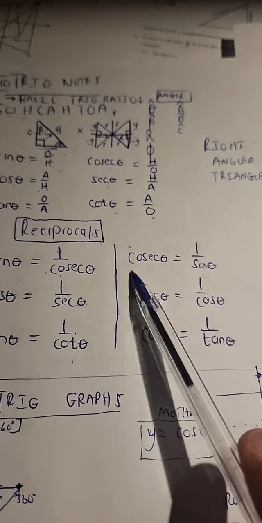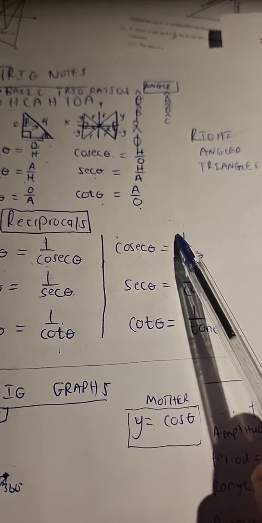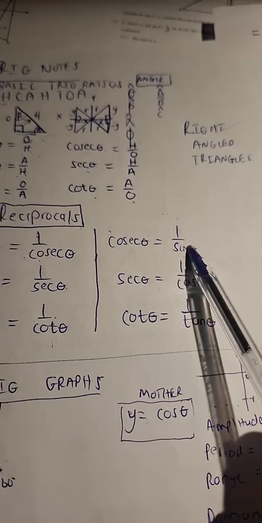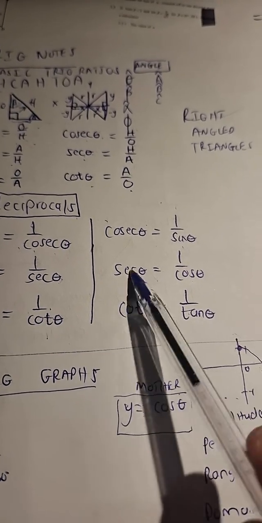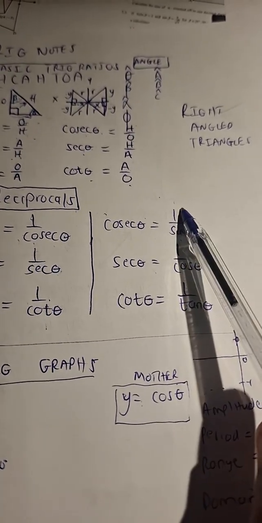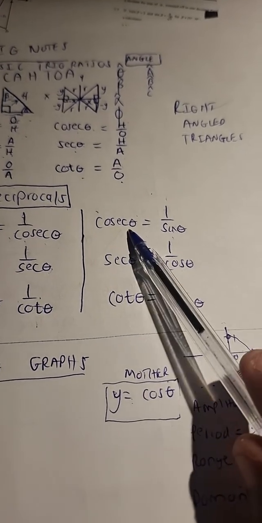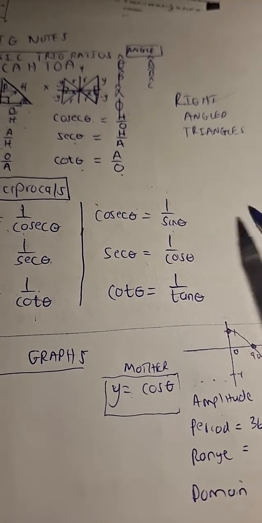So if you have cosec and you want to write it in terms of your basic trig ratio, because you know that sine, cos, and tan are in the calculator, but these are not there, you want to convert cosec to become your reciprocal trig ratio sine. Then cosec theta is equal to 1 over sine theta.